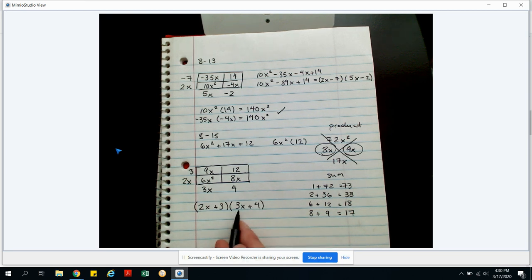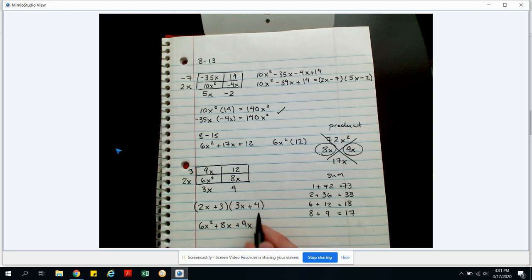Now I think this is my final answer, but just to be safe, we can do a check. So to do a check, we're going to multiply all this out, and it should equal this. So 2x times 3x, I get 6x squared. 2x times 4, I get 8x. 3 times 3x, I get 9x.